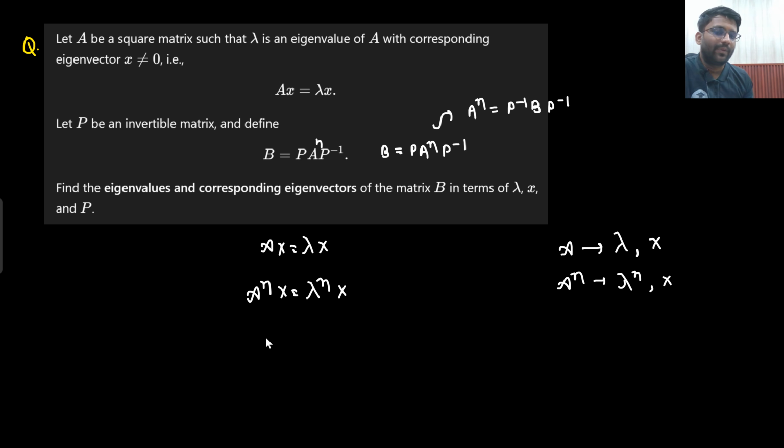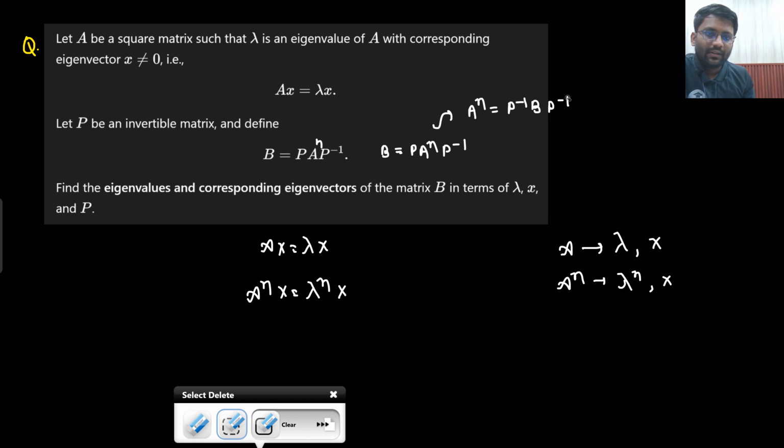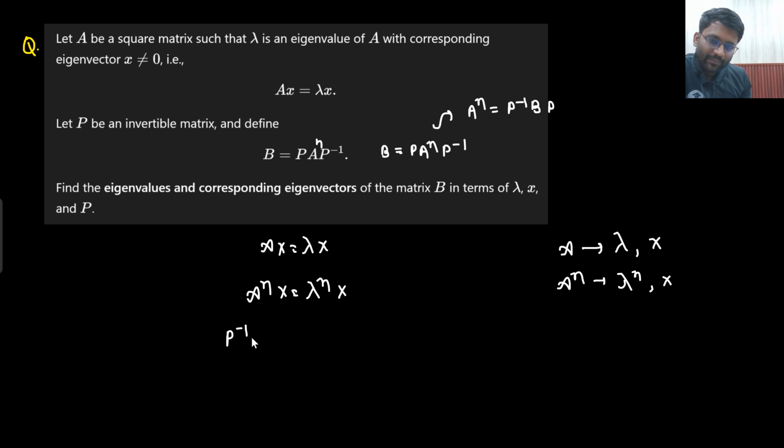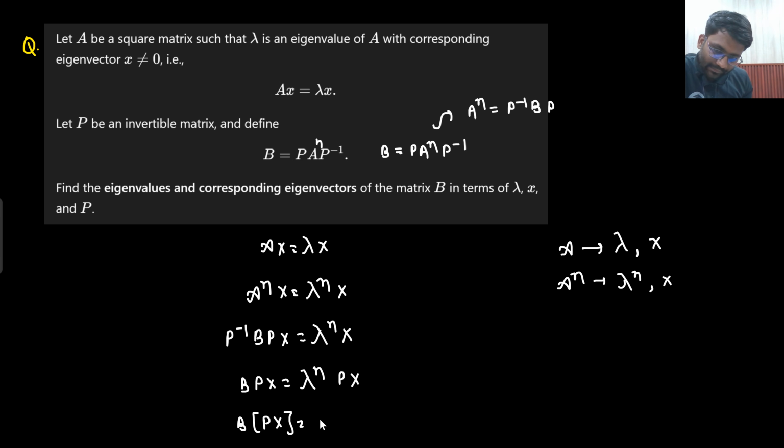Now what is the value of A to the power n? A to the power n is nothing but P inverse B P x. That would be lambda to the power n x. Then what will I do? Pre-multiplication with P. Pre-multiplication with P, and lambda to the power n is a constant value, gives lambda to the power n Px.